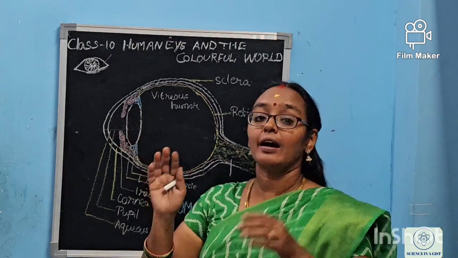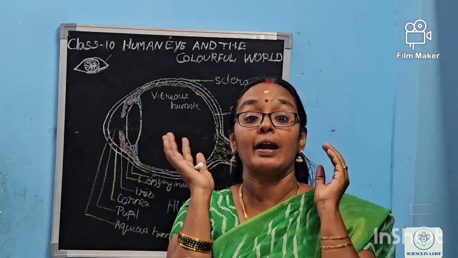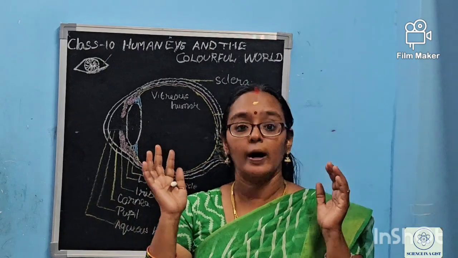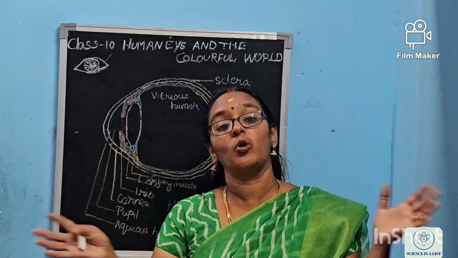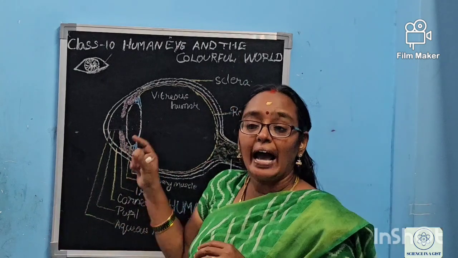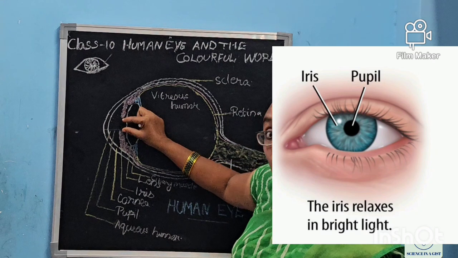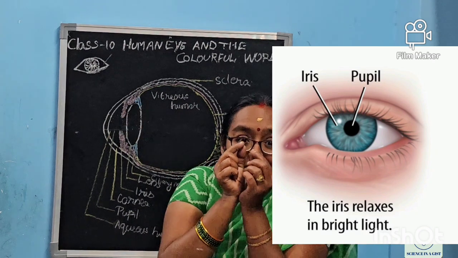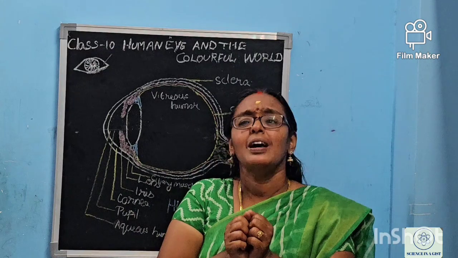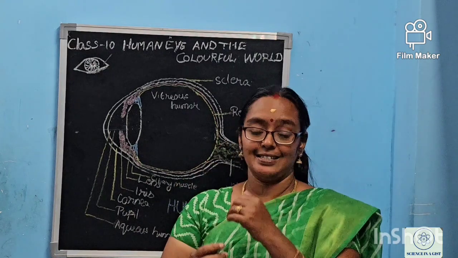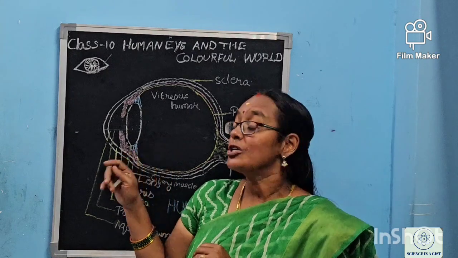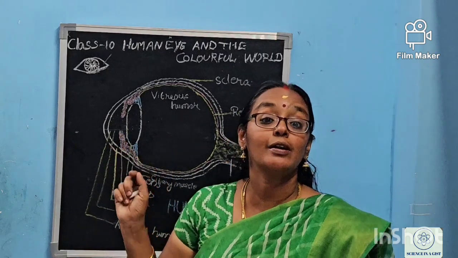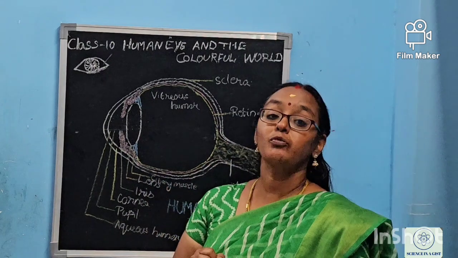When we go to a bright region where there is bright light, the iris will come closer together. So the pupil will be small, which means not much light enters the crystalline lens. So the iris is also a controlling muscle for the eye.